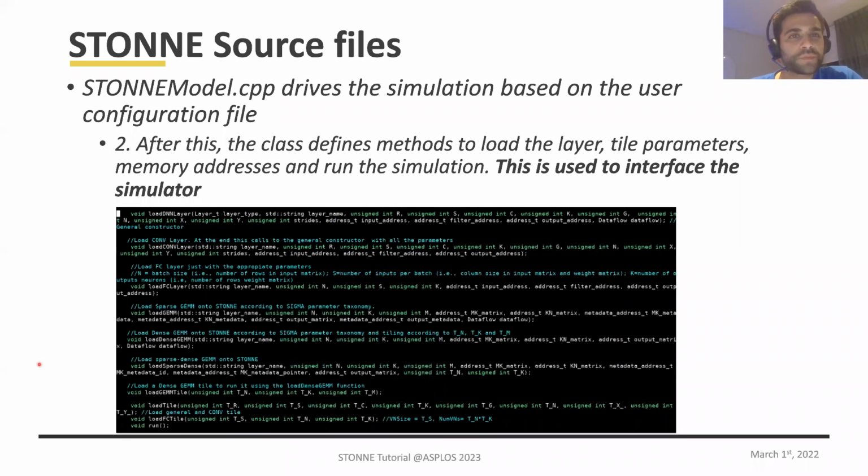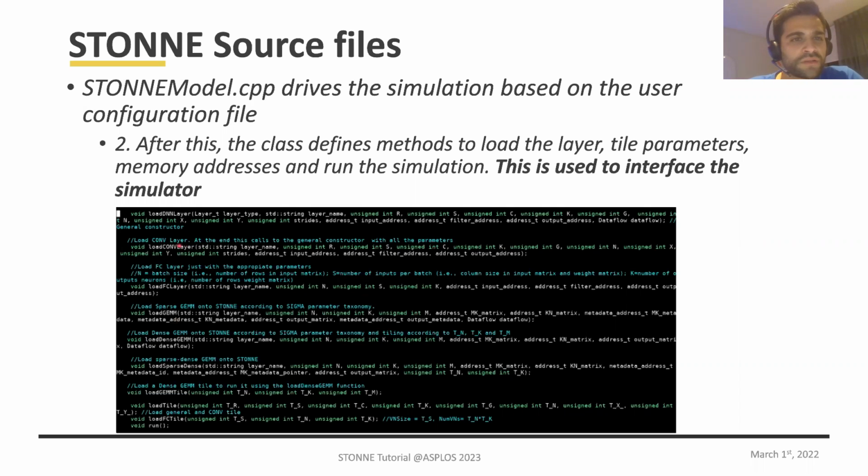Then after this, the class defines methods to load the layer, the tile parameters, the memory addresses, and it runs the simulation, right? To do so, the simulator uses these functions: load DNN layer, load conv layer, load fully connected layer. So STONNE model.cpp uses these functions to load a layer, to load a tile, to load a different matrix, etc., to configure the environment before running the real simulation.